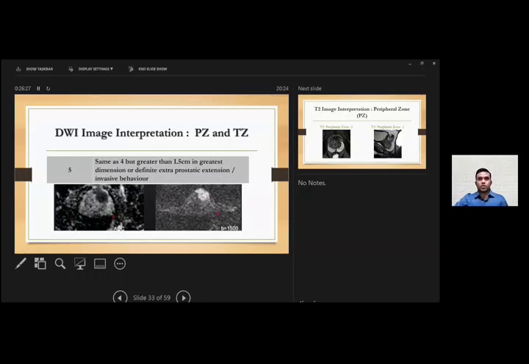If a similar looking lesion, which is extremely dark on the ADC compared to the rest of the gland and shows significant hyperintensity, has a measurement greater than 1.5 centimeters, then such a lesion is graded as 5 on DWI.